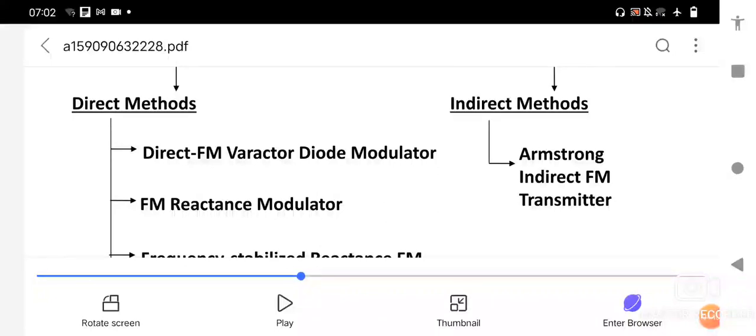We use different circuits to generate the FM signals.